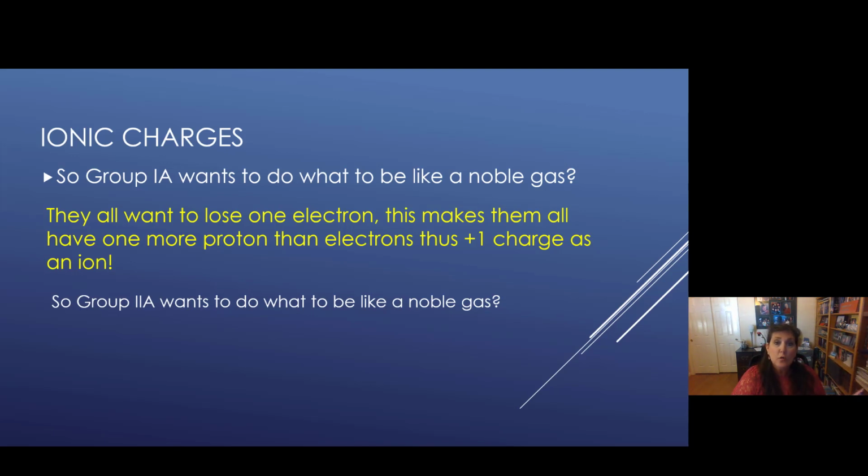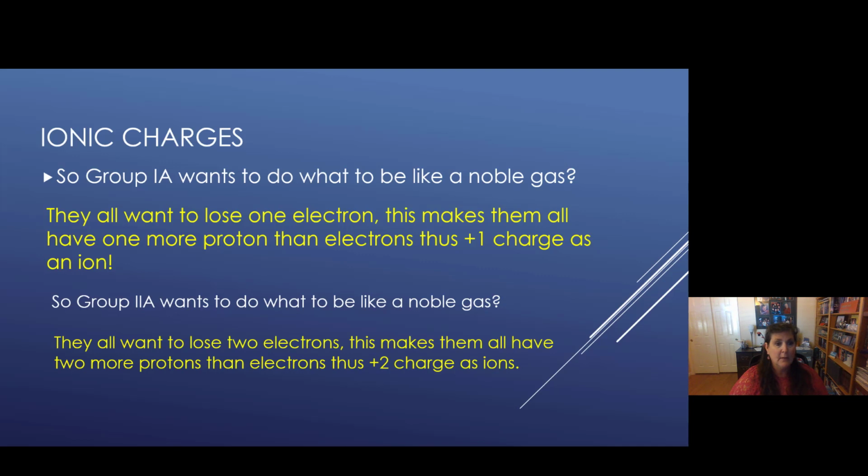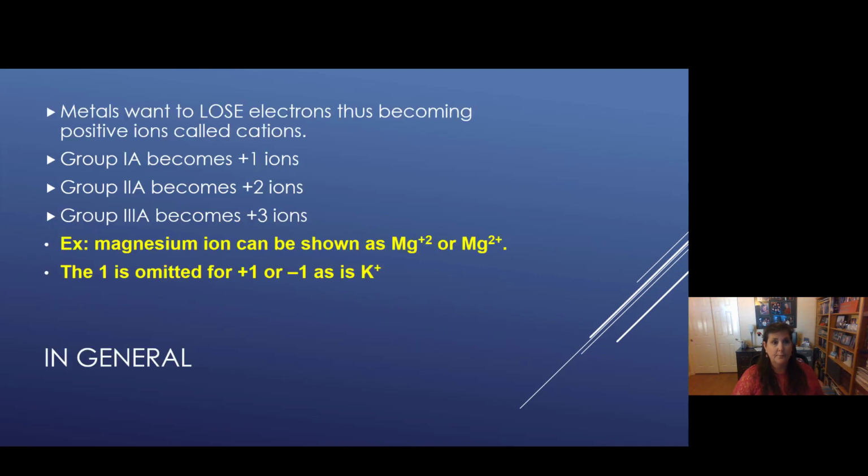So they want to lose 2 electrons. So they lose 2 negatives. That makes them +2, +2 charge. So on your periodic table, write a little +2 at the top of column 2. So column 1 is +1, column 2 is +2, charged when we become an ion.